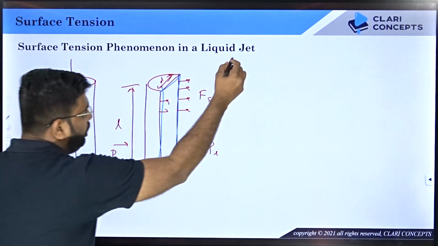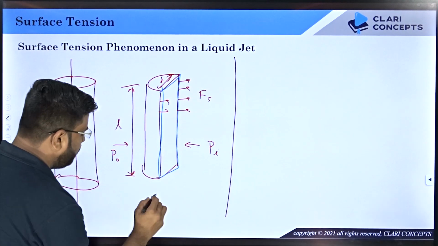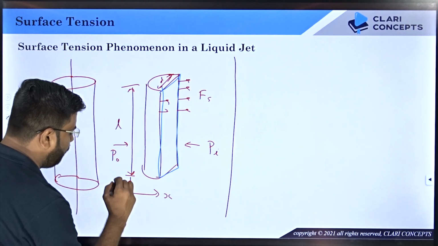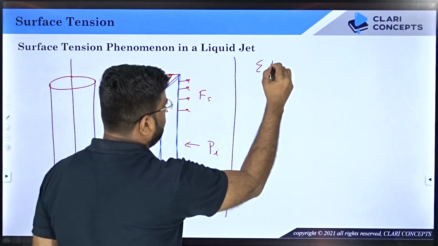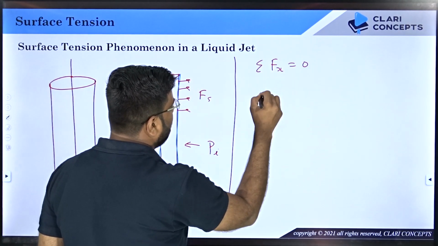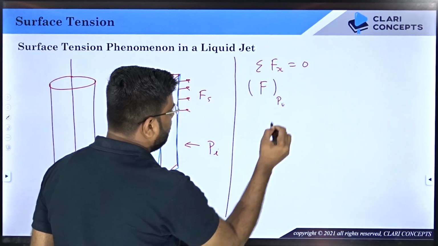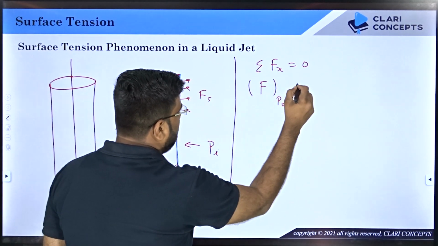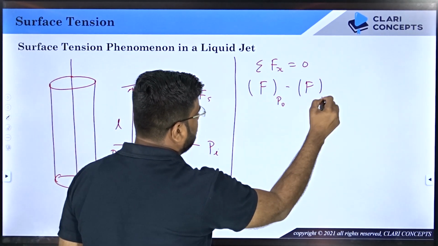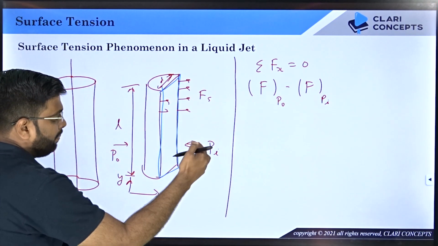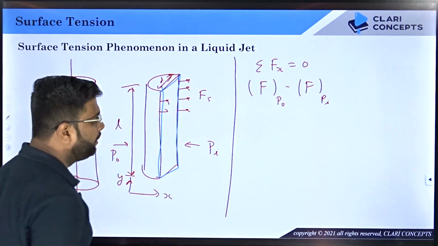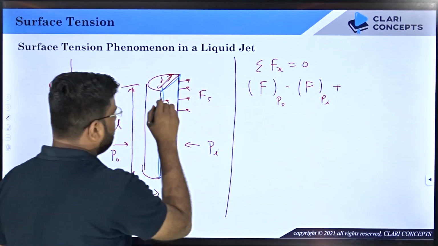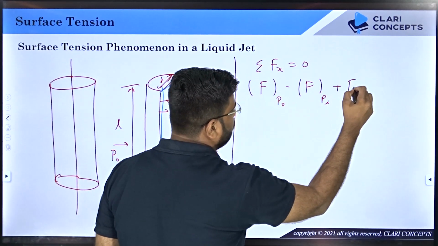So if I again use the same rule that positive x is to the right and positive y is upward, and do summation of force along x equal to 0, I will get force because of pressure PO positive along the right side, minus force because of pressure PI, which is negative, because the pressure force is always normal to the surface, right? And plus the surface tension force Fs on the right hand side, equals to 0.